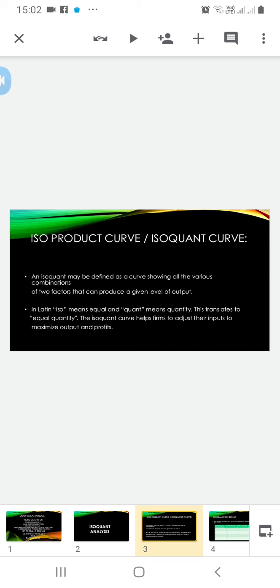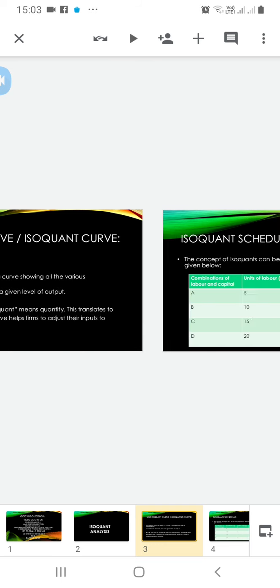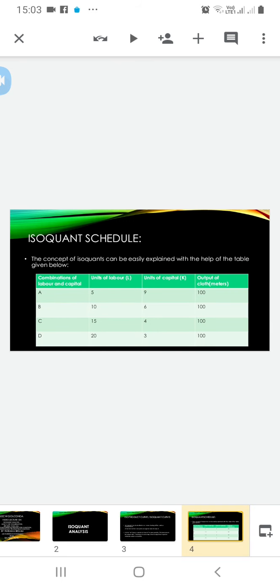Isoproduct curve means equal quantities of output, and it represents all those input combinations that are capable of producing the same level of output. As these combinations produce equal output, the producer will be indifferent between them. In other words, as the various combinations on the isoquant give the same level of output, the producer has no strong preference for any one particular combination of factors.